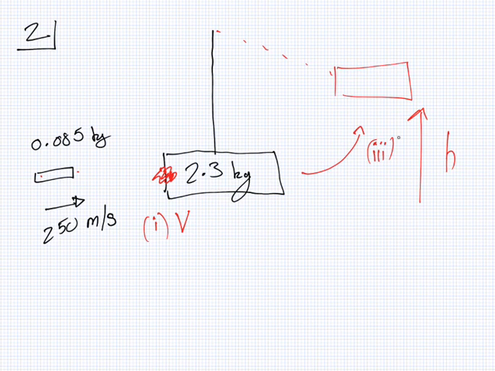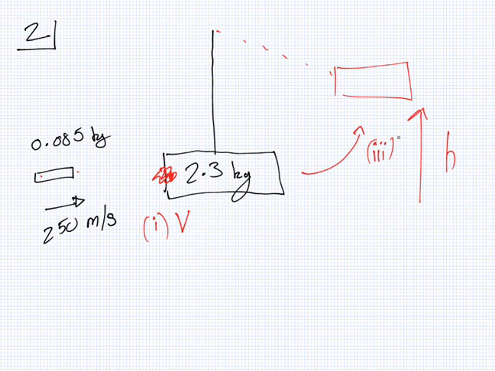I tried to find the V, yeah? It's different from your example. Yes, I put it here. 0.085, and 250, plus 0, equals this number. 10.1.